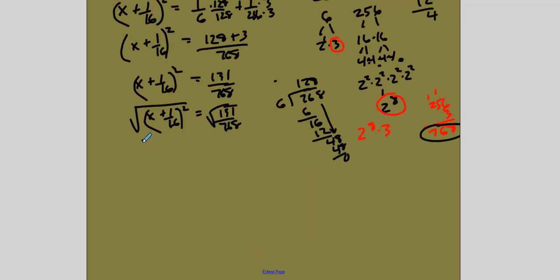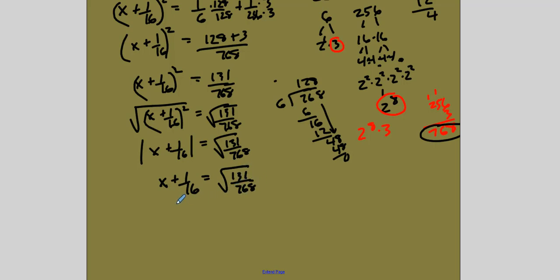Okay, removing the square root sign, I get absolute value of x plus 1/16 equals the square root of 131 over 768. Alright, so now removing that, I get x plus 1/16 equals plus or minus the square root of 131 over 768.